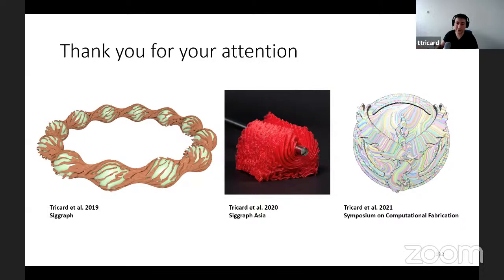There was some calibration to do, of course, but this was not the main issue. The main issue was really the material we use. For example, these kinds of filaments tend to get a bit wet and print worse, so we had to constantly dry them. So there was some issue here.